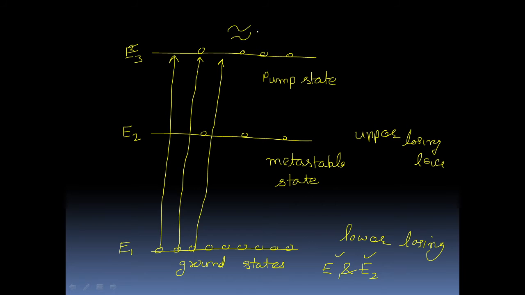It is around 10 raised to the power minus 8 second. So the electrons stay in this level for a very short time and jump into the lower energy state with non-radiative transition.